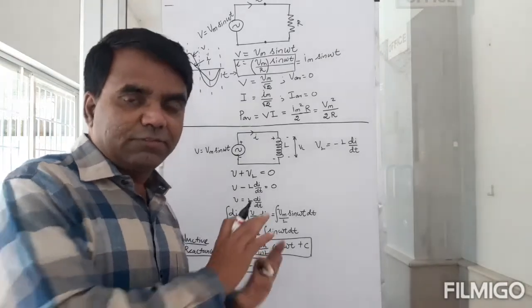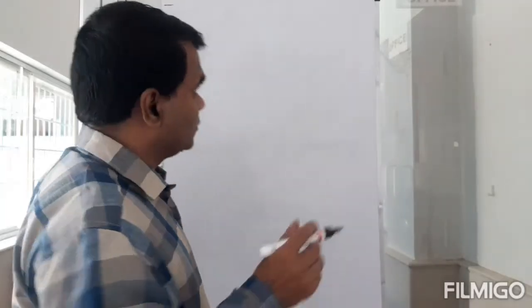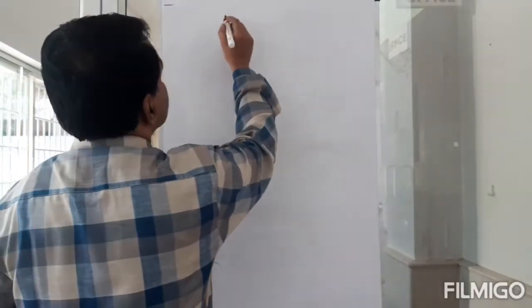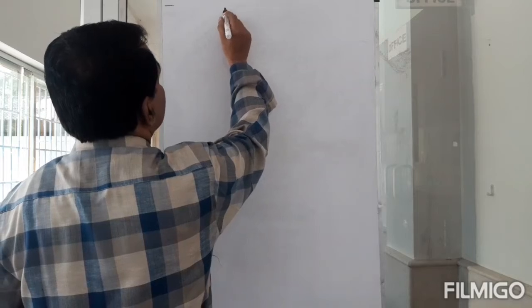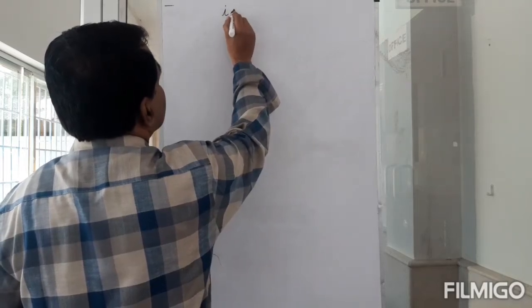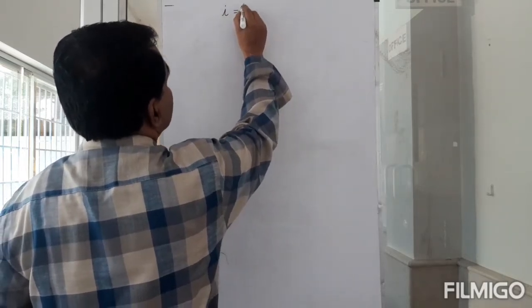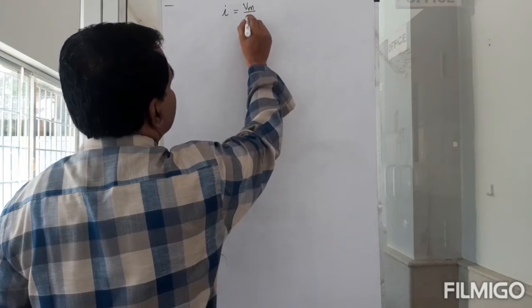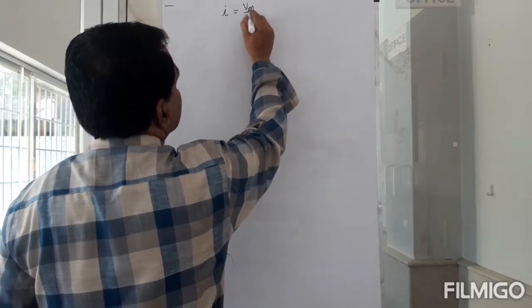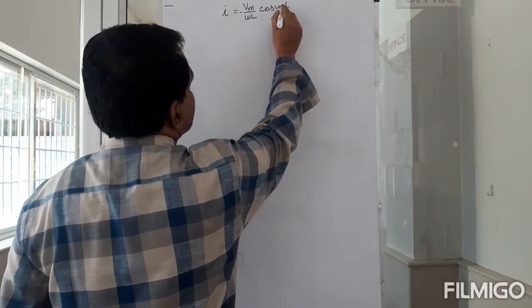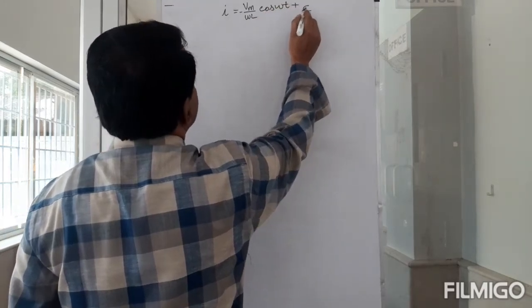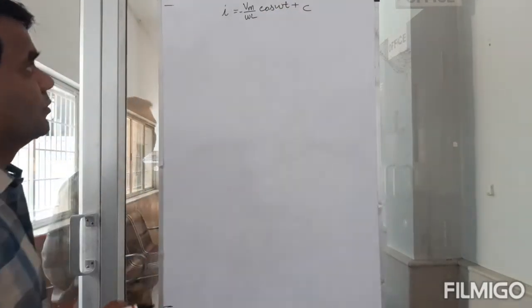Hope this is clear to you, then we will continue. So I'll write this. I is equal to minus Vm by omega L cos omega t plus C. So this is what we found.